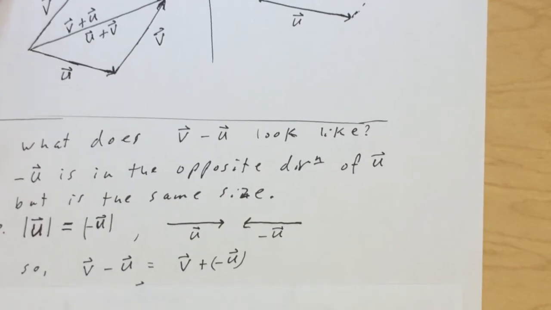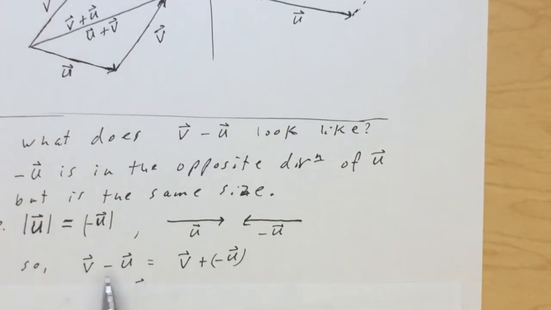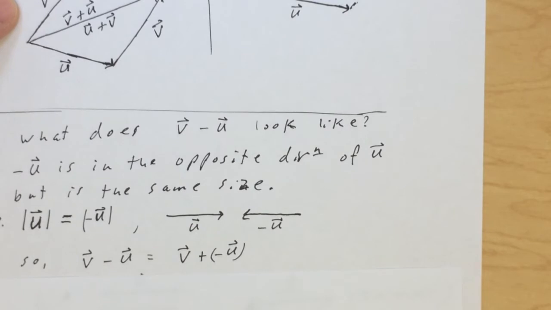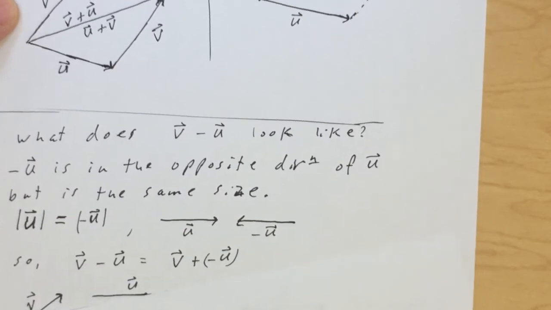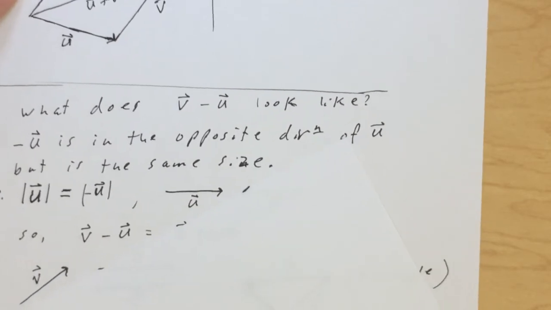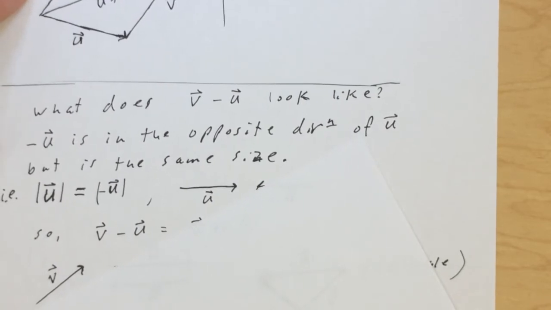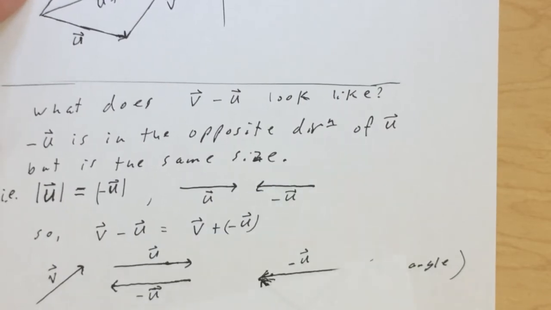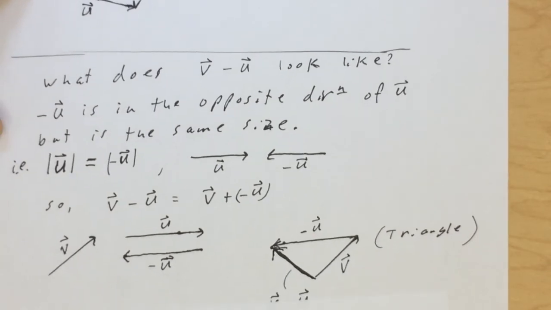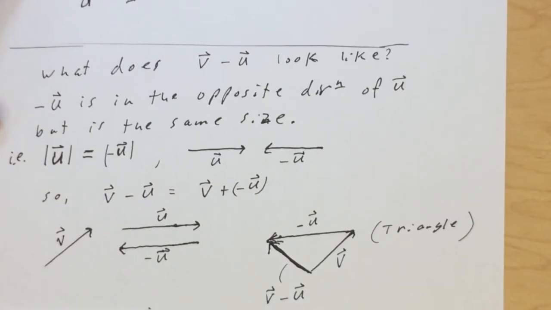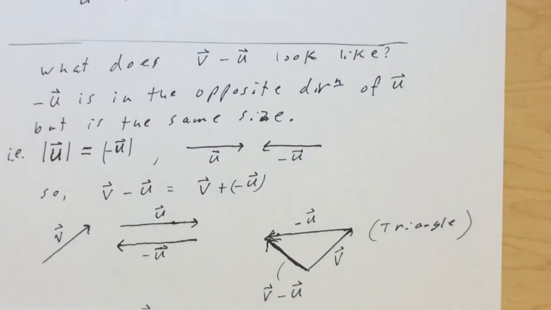Okay. And we can write v minus u as v plus negative u. So if there's v, and there's u and negative u, when you do v minus u with the triangle law, this is what you've got.